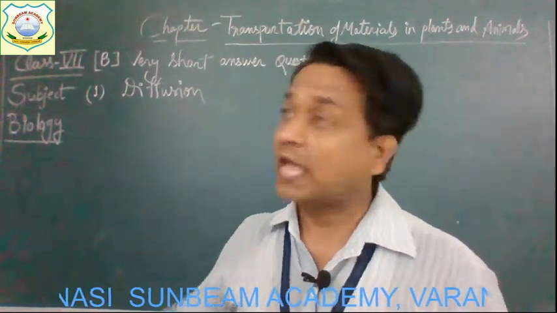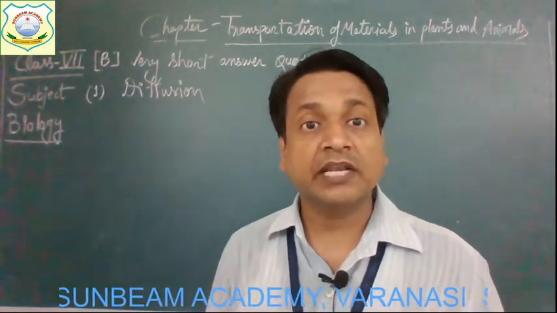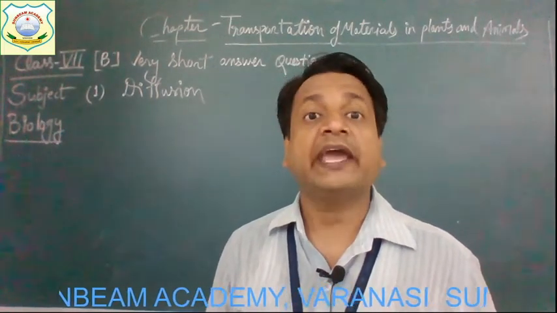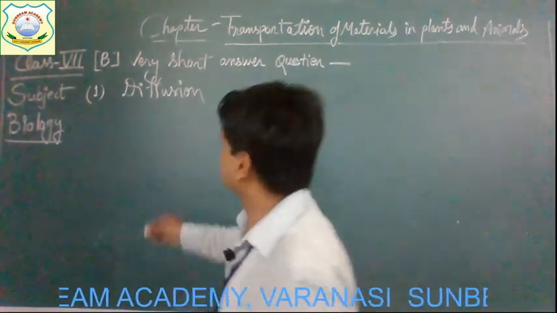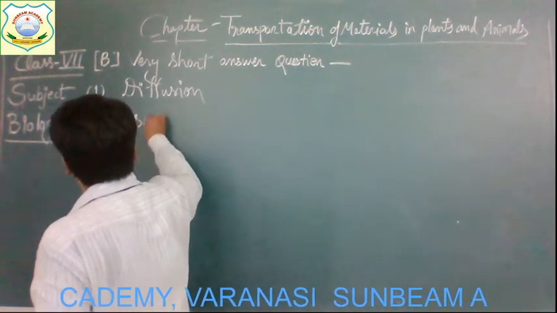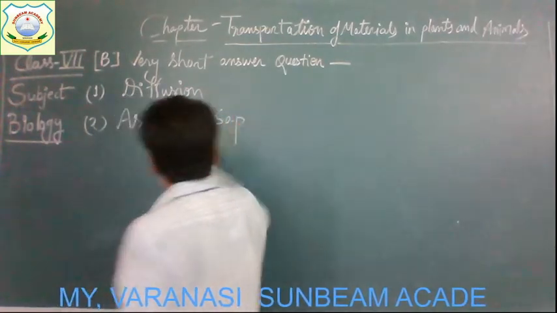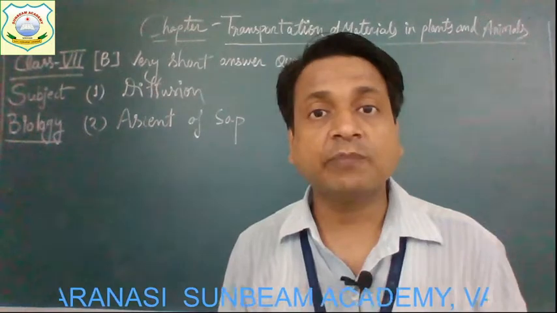So once again I am going to revise all these. The answer of the first one is diffusion. And the second one, the name of that process is ascent of sap.